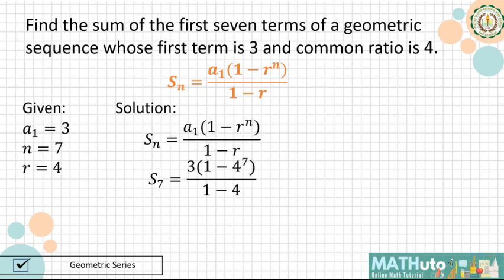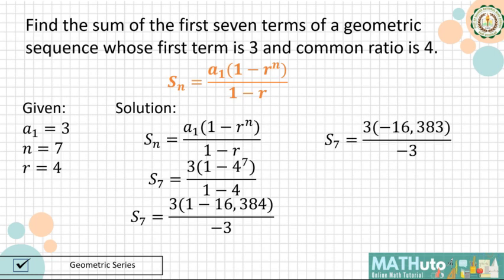This will become S sub 7 is equal to 3 times quantity 1 minus 4 raised to 7, all over 1 minus 4. Now, let us simplify the exponent inside the parentheses. That is 4 raised to 7, that is 16,384. And for the denominator, 1 minus 4 is negative 3.